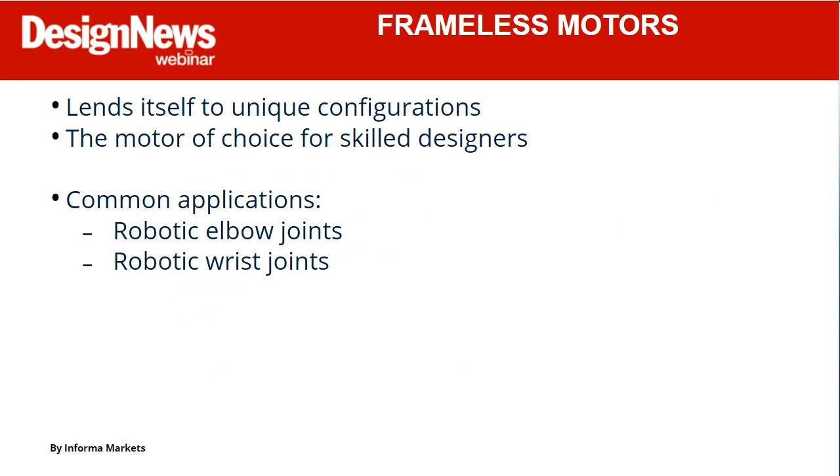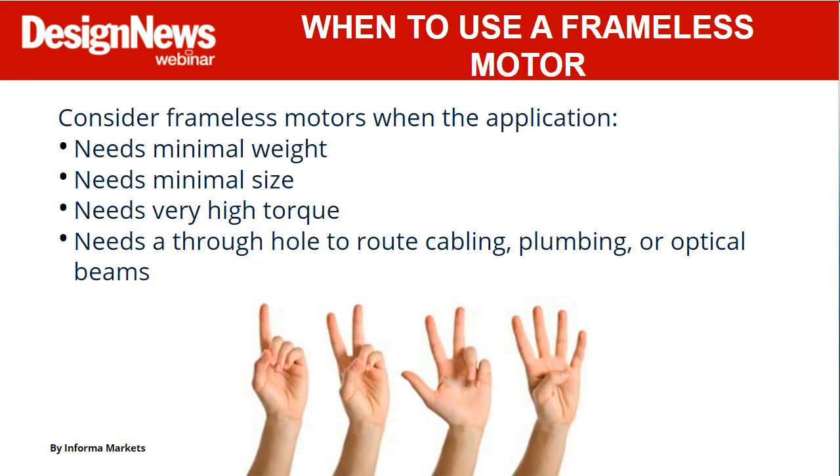You see them used in a lot of different applications, but certainly robotic elbow joints, sometimes wrist joints, definitely base, and also, again, telepresence robots. So, when you want to think about using them, is weight a problem? Is size? Do you really have a high torque demand and you're trying to figure out how to get it? And again, do you need the through hole?